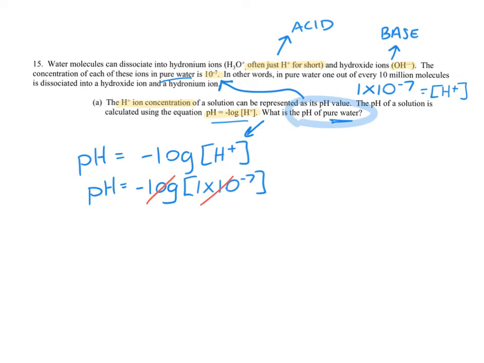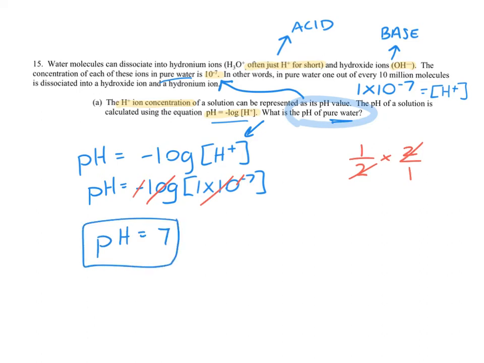Just like if you were going to do 1/2 times 2 over 1, the 2's would cancel out. That's actually what happens when you put this in your calculator. And then again, you have a negative, and the negatives cross out. So if you have a problem where it's pH equals negative log of a 1 times 10 number, the pH is just going to be equal to the value of the exponent.